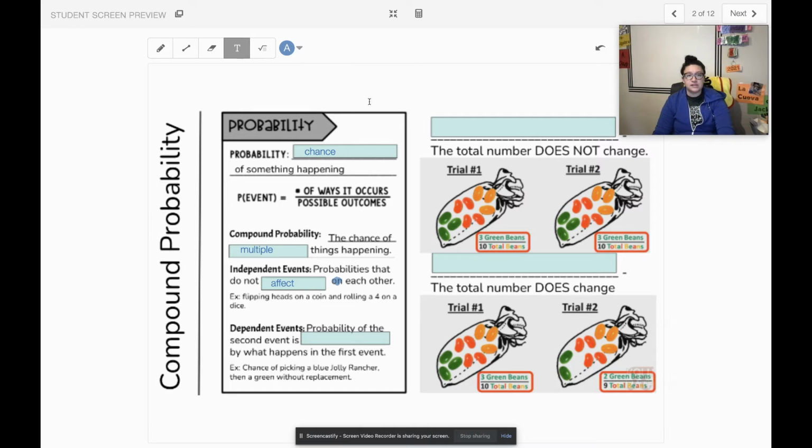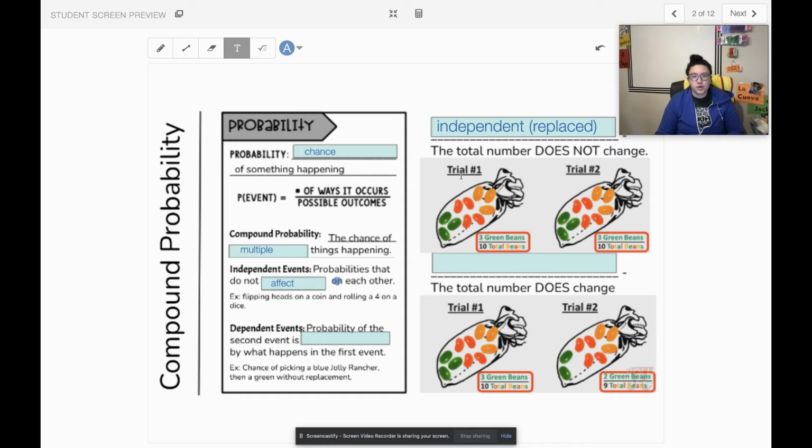So for example, if we see over here on the right side, if we have that independent event, that means that either they're two completely separate things, or they were replaced. So in this example here, we have those two different sets of jelly beans in bags.